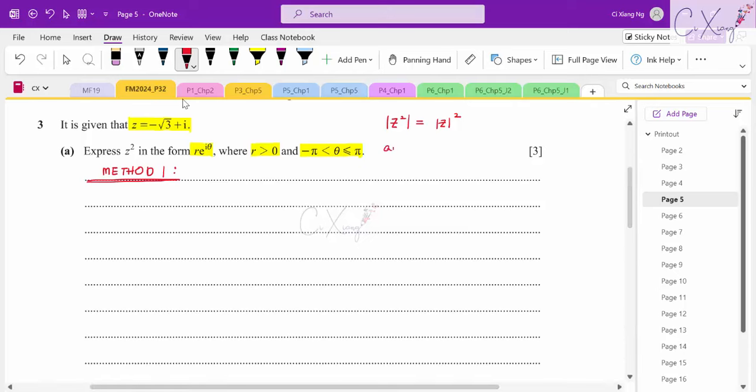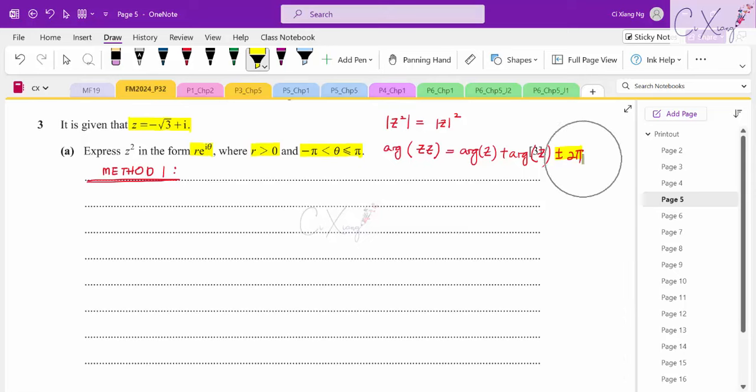Then if I want to find the argument of z squared, it is the argument of z multiplied with z, and we can write it as argument z plus argument z. Then you need to do some adjustment if the range of theta is out of -pi to +pi. If your value here is out of the range, you have to do a little bit of adjustment. So this is method number 1 that I'm going to use.